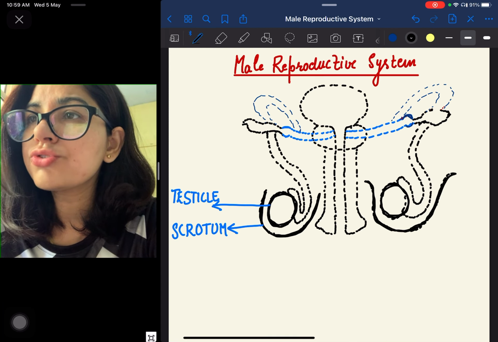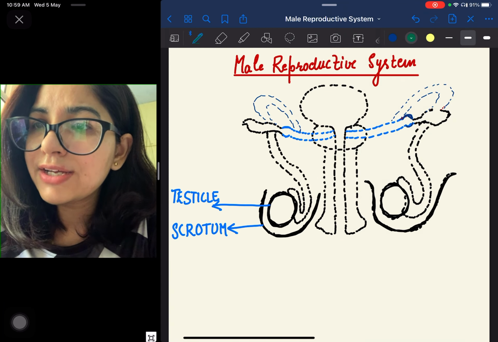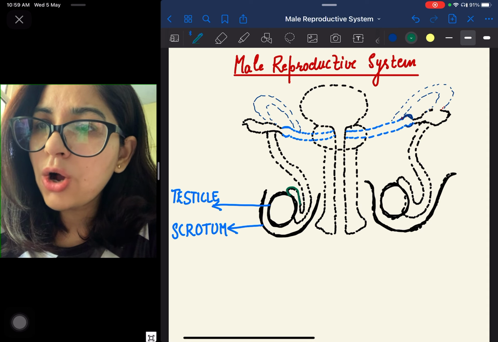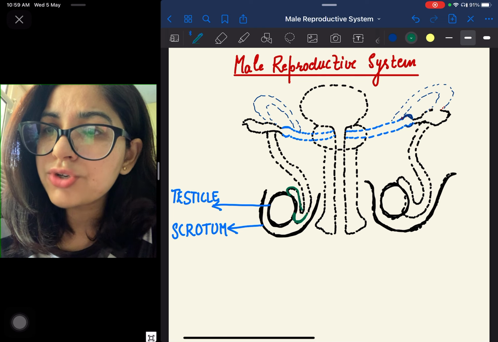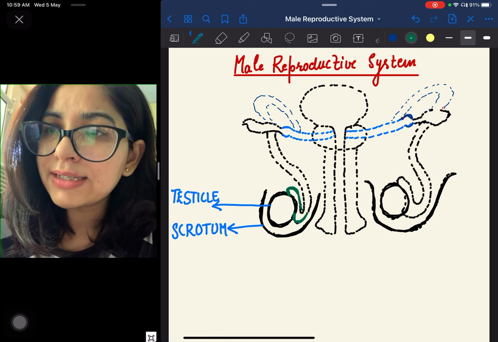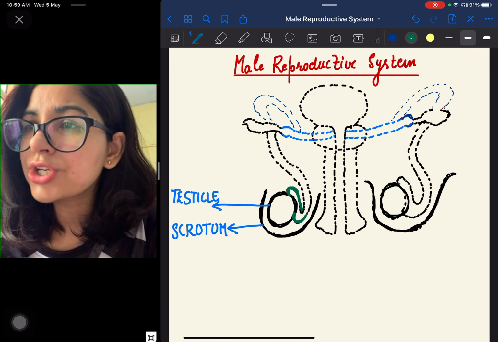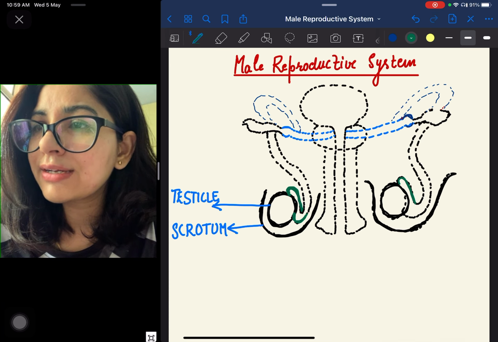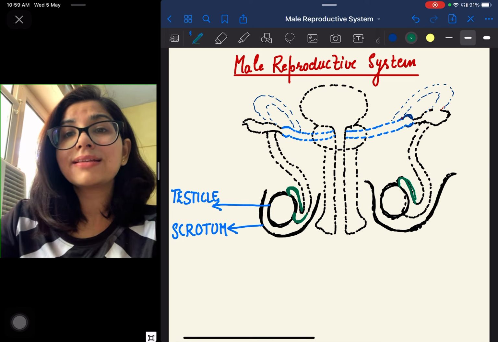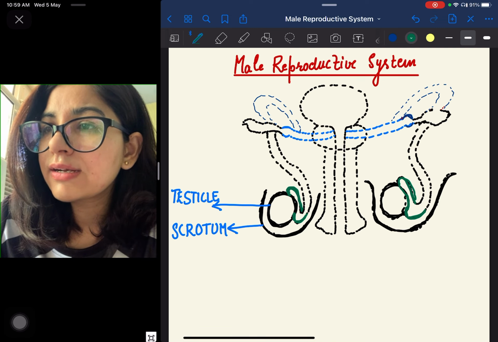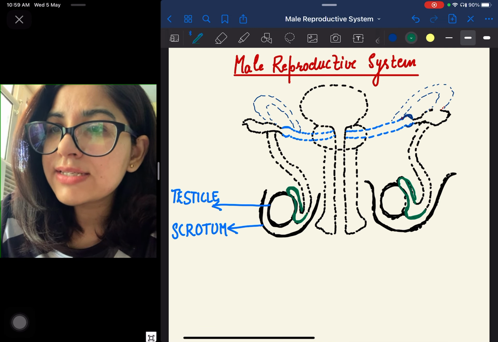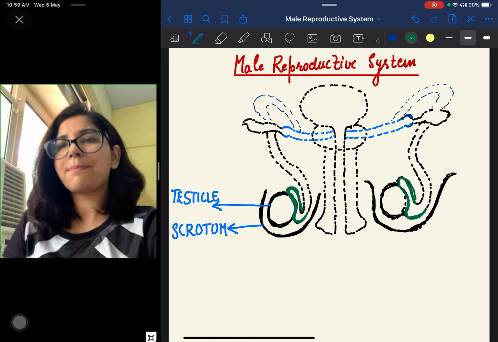So I'm going to change the color. Here you can see on the testes, we are drawing this portion with the green color. Right, and this portion which I am drawing with the green color, that is the epididymis. It is present over your testis, right? This green portion is the epididymis.